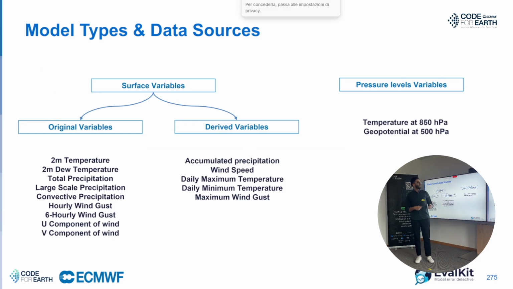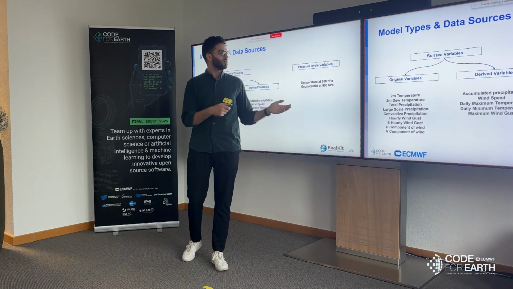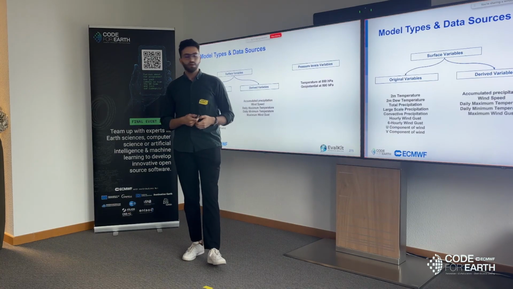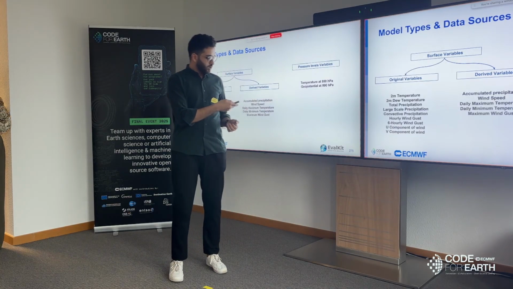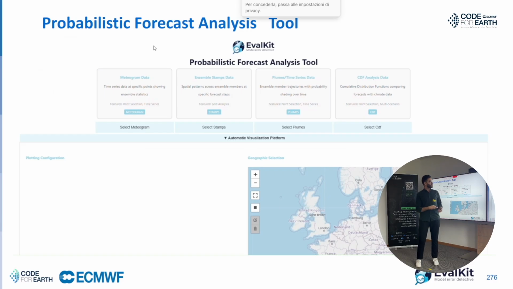And for the pressure level variables, we have pressure and geopotential, which are going to be used for other parameters. Now I will leave you with my colleague Nadia to present the tools.